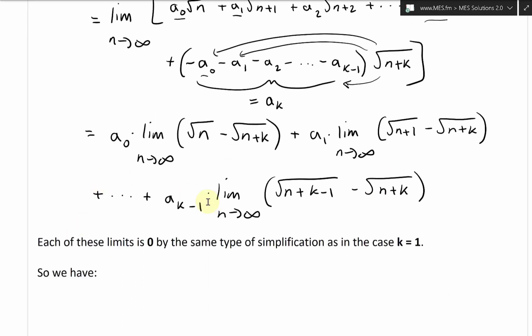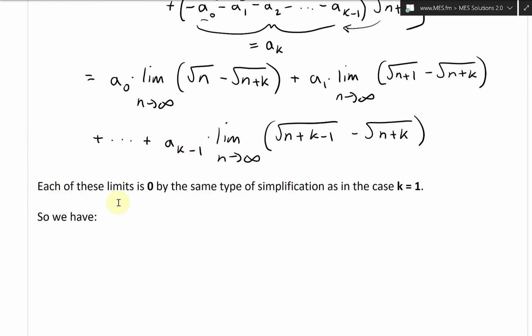So we could just put this whole thing equals 0, but the calculus book has some more writing just to clarify. Each of these limits is 0 by the same type of simplification as in the case k equals 1.